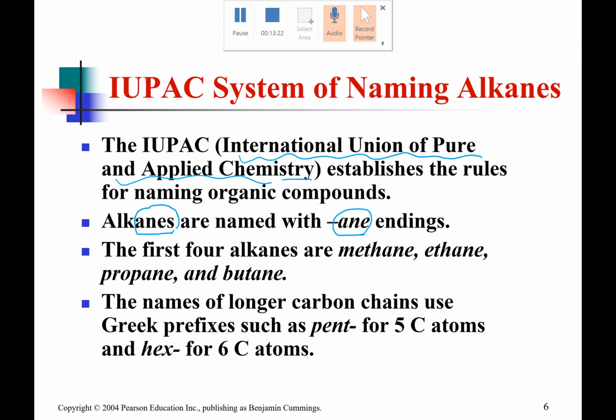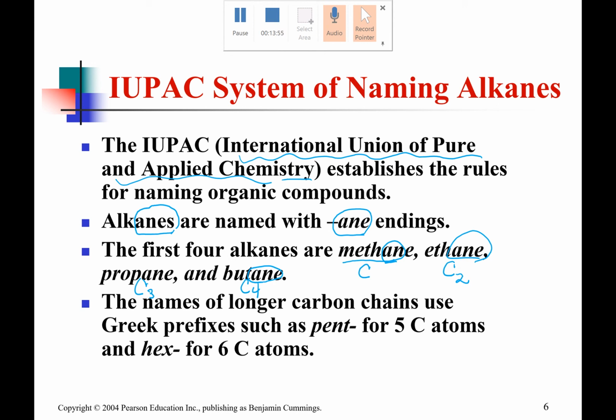So if it is methane, 1 carbon, met, ane at the end, methane, 2 carbons, et, ane at the end, ethane. So methane for 1 carbon, ethane for 2 carbons, propane for 3 carbons, butane for 4 carbons. They all have A and E at the end.